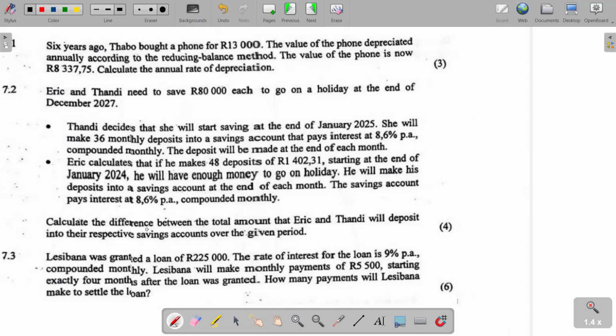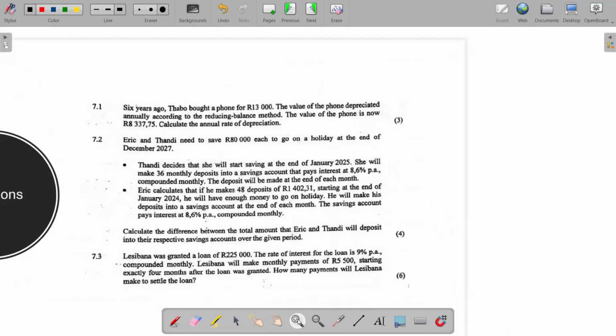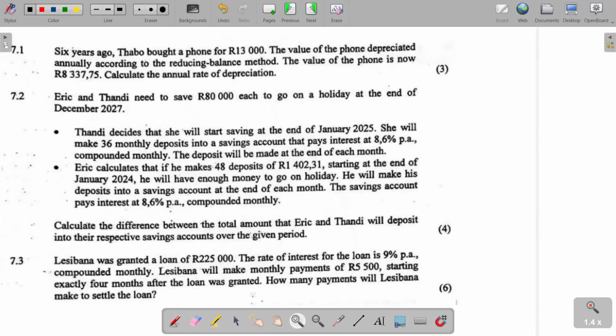The question is saying calculate the difference between the total amount that Eric and Tandy will deposit into their respective savings account over the given period.